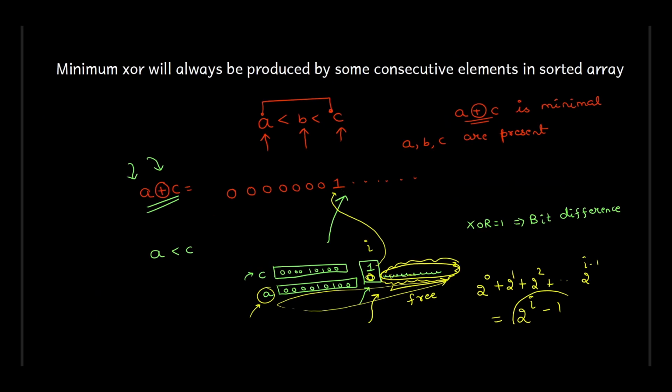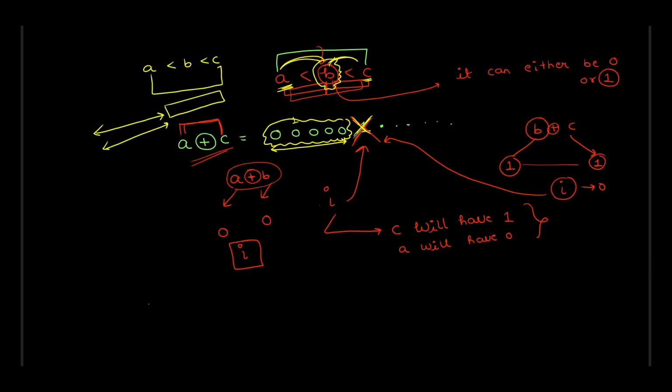But here we are saying that this B has to be present in the array. If it is there in the array, only then it will be minimized, if you select A and B, or B and C. But if it is missing, then of course A and C are already in between, right?